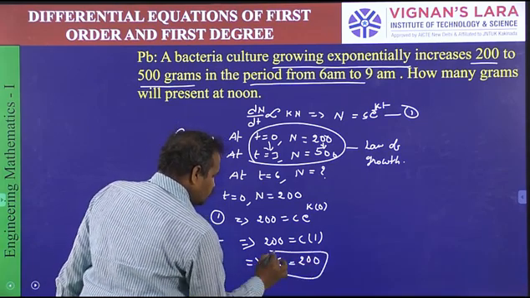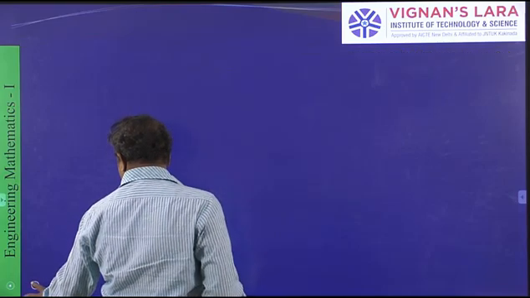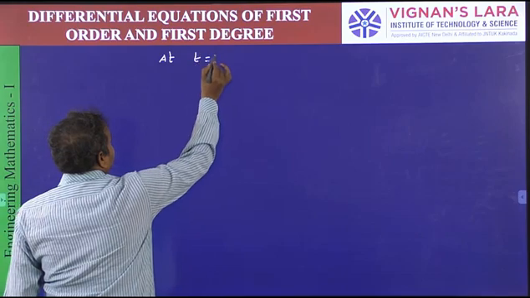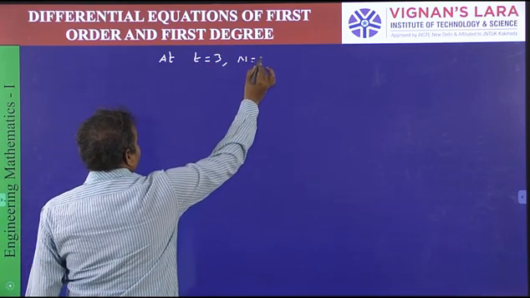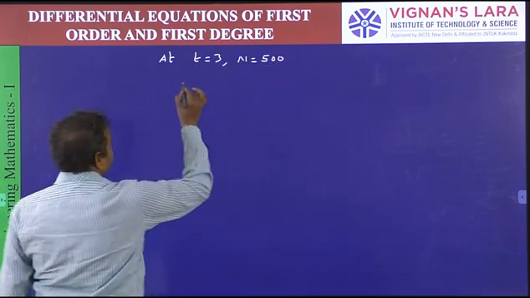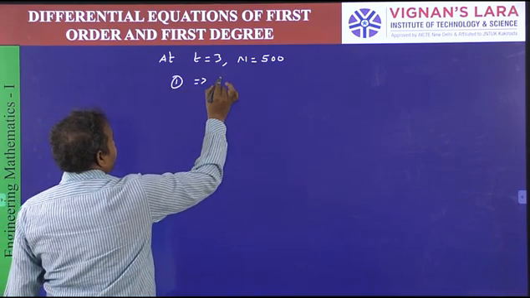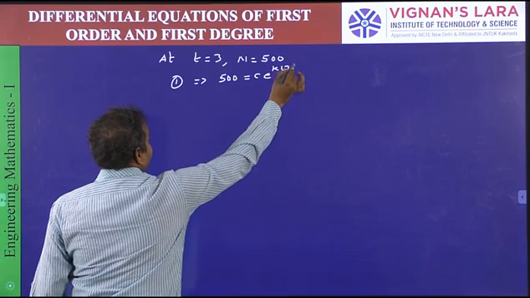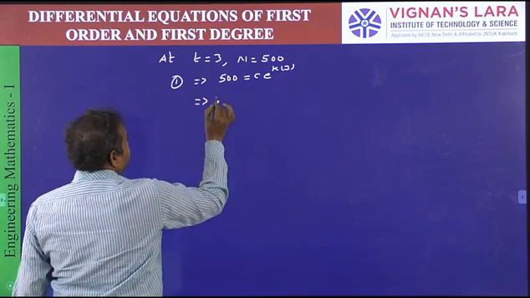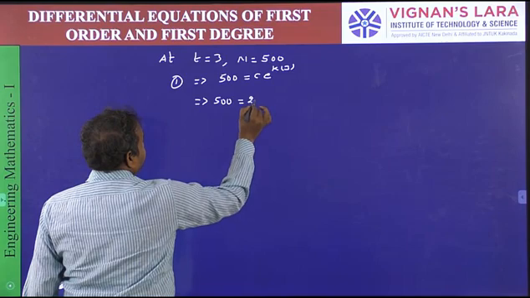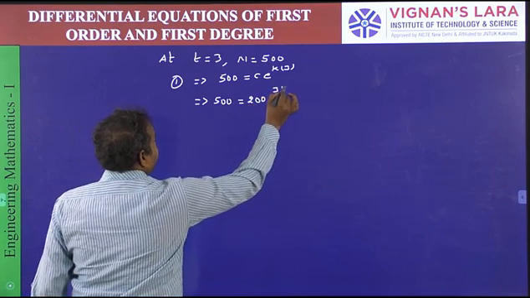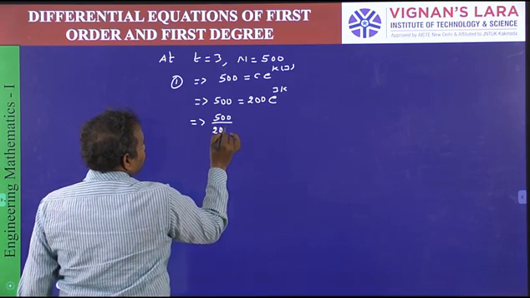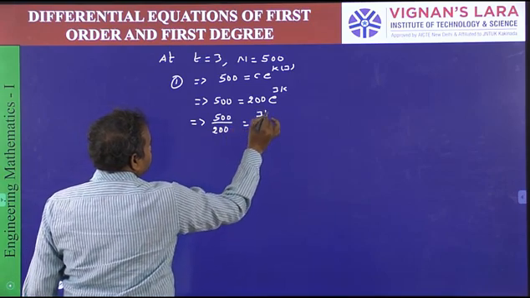I got one unknown. Now I am evaluating the other unknown. What is the second condition? At t is equal to 3 hours, N value is 500. Again use equation 1. N value 500 is C into e power k into t, t value 3. 500 is equal to C value 200 into e power 3k. 500 by 200 is equal to e power 3k.